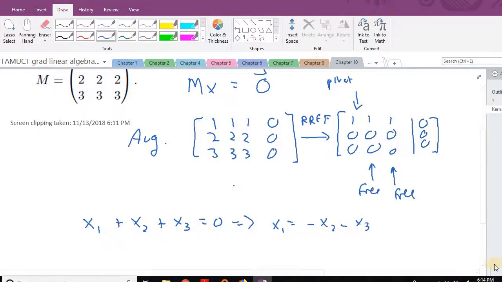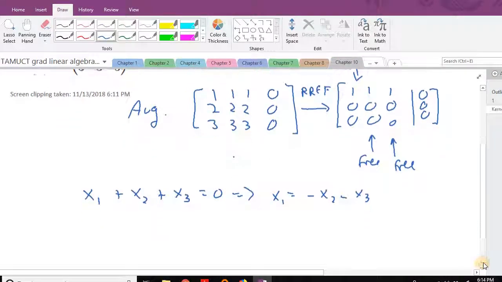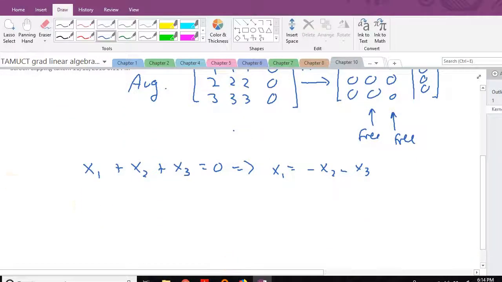So what's your favorite way to solve this now? Take x1 to be positive 1. So we say x1, x2, x3. Well, you want the general solution, right? All right. You want the general solution to this.